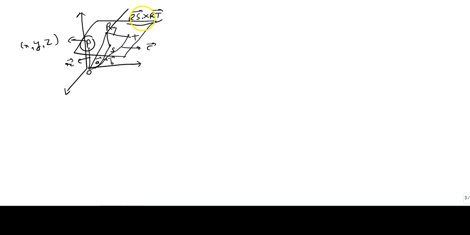So I can just find out this vector equation. R minus A is a vector, and the dot product of this with the perpendicular vector to the plane, RS cross RT, will be equal to 0.